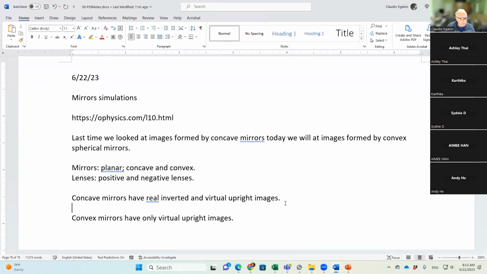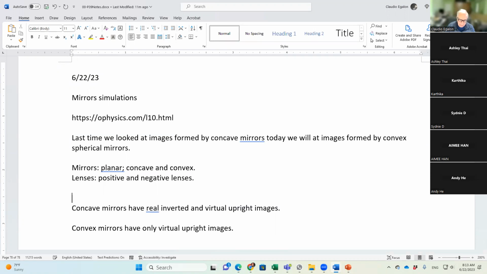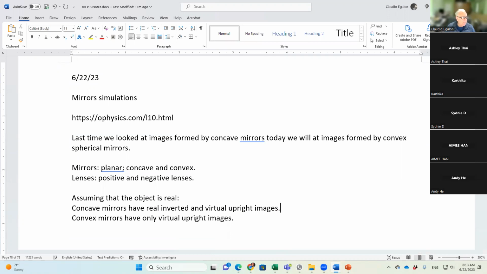Assuming that the object is real, okay? Because there are virtual objects, it's possible to have a virtual object. We're not going to cover it, at least for now.